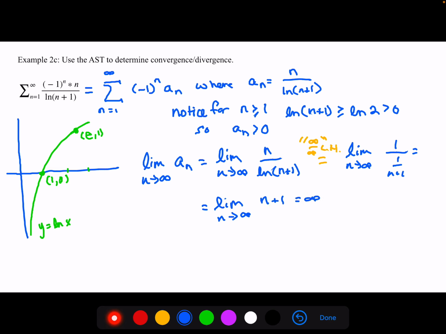So while our alternating series test will not tell us convergence or divergence, the divergence test will tell us that this limit does not go to 0, so the series will diverge.